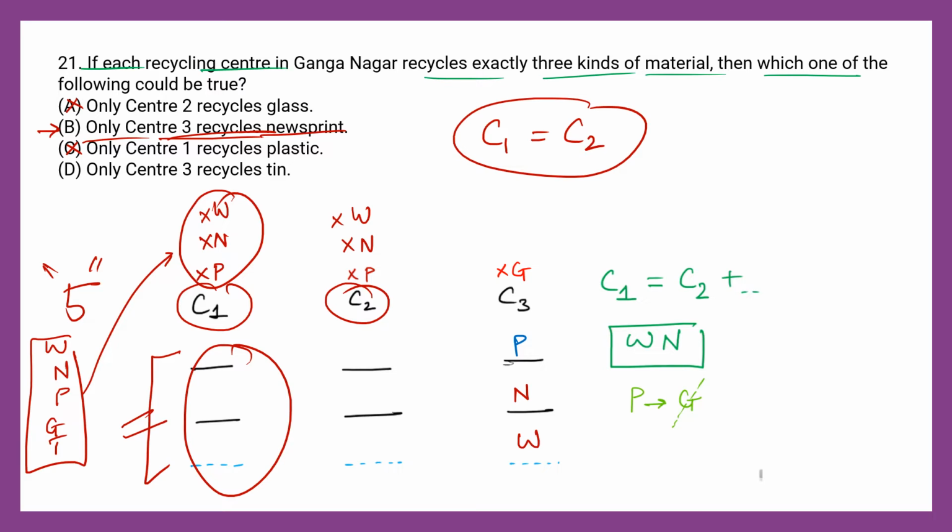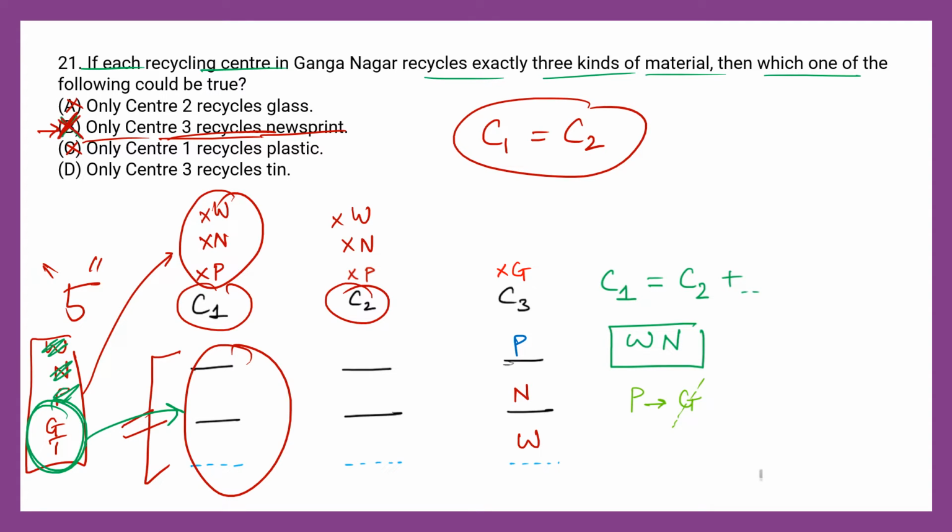If you remove W, N, and P, you have just 2 remaining to fill 3 spots. That can't happen, which means option B is not the right answer.